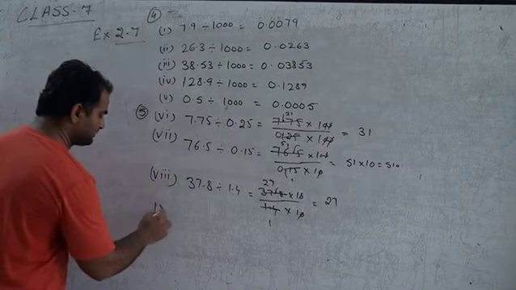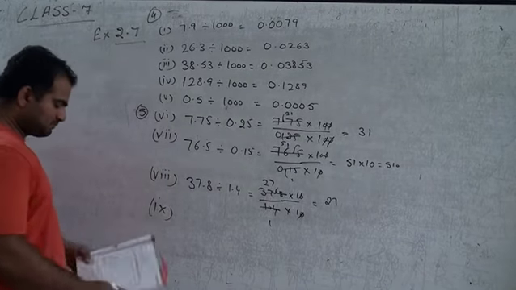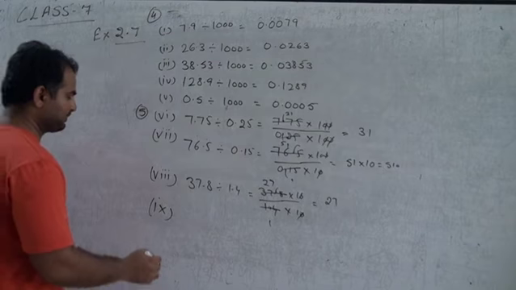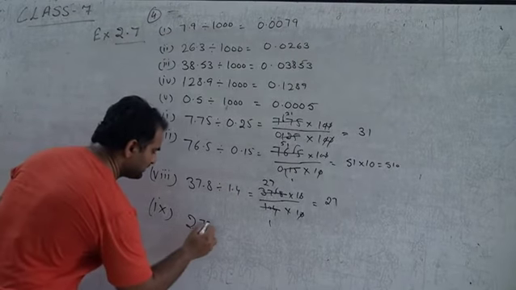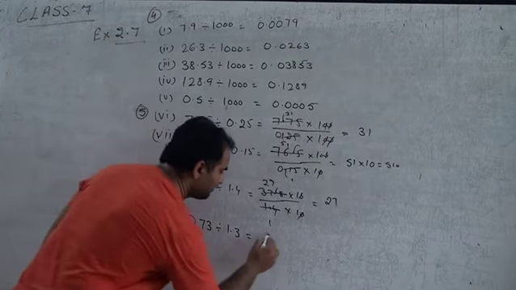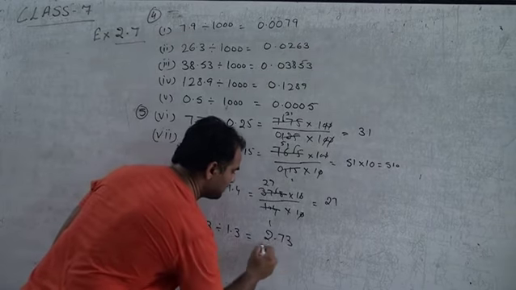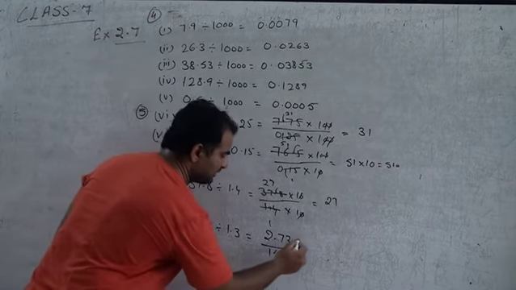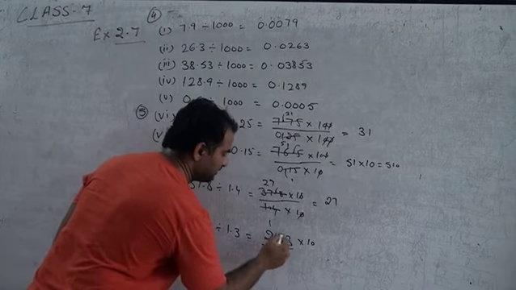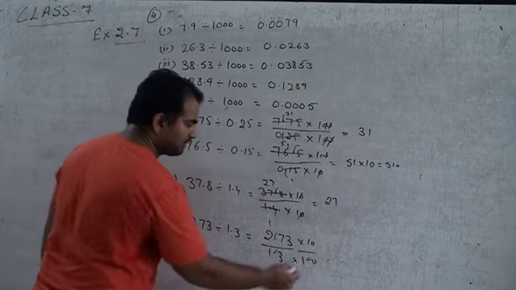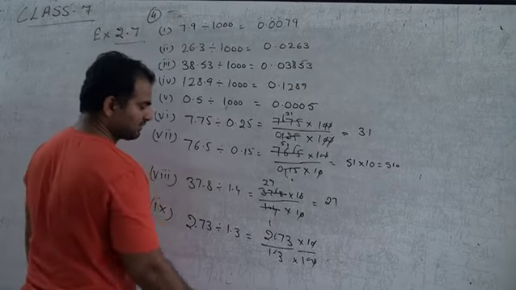And question number 9 is 2.73 divided by 1.3, or it can be 2.73 upon 1.3. When we remove this point, it will give us 10, and when we remove this point, it will give us 100. So you can remember this.